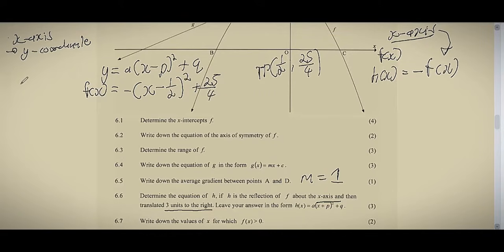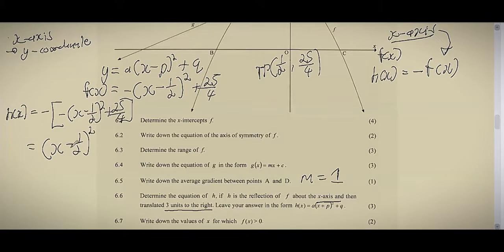So the new equation h of x would look like this. h of x is equal to negative, and the whole of f of x is this: negative x minus 1 over 2, squared, plus 25 over 4. So this negative here will affect the negative here, so this becomes positive. But note it does not affect the one that is inside. Then the negative times positive is negative 25 over 4.